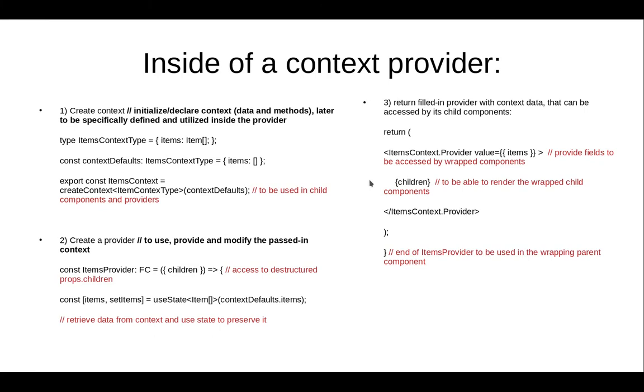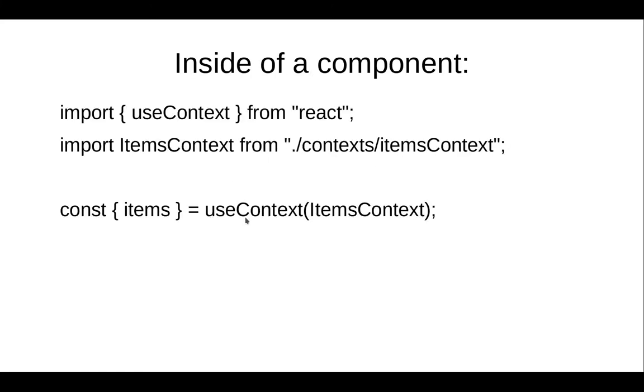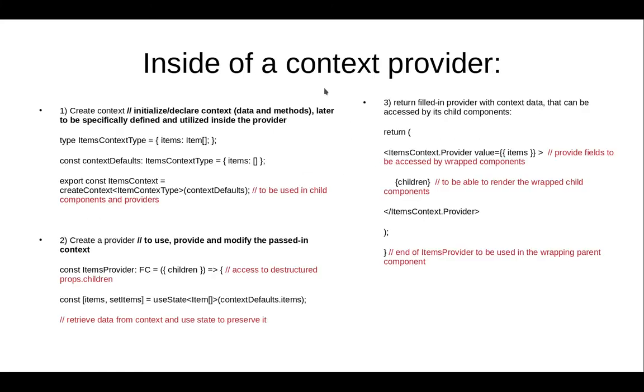Exactly this functionality, together with the usage of state, ensures that component 1 and 2 will be able to use the context which the items provider gives via the function useContext. So let's recap. The provider's goal is to provide certain context consisting of data and methods to its child components. Next, we'll see a practical example of this approach.